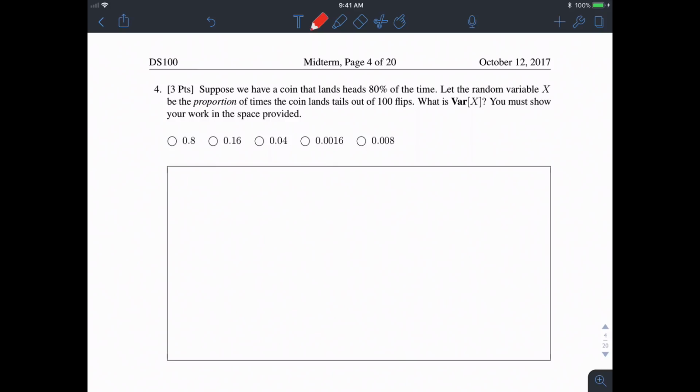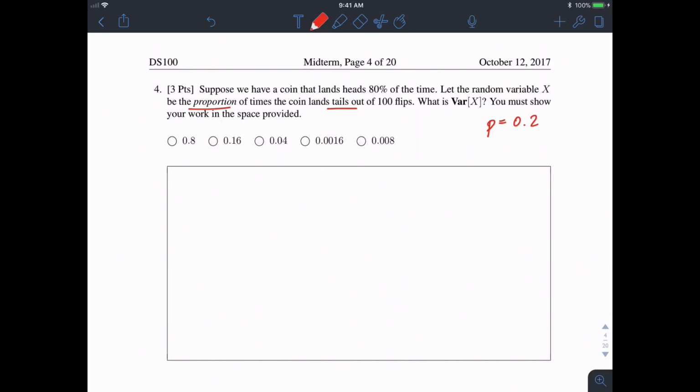In problem 4, we're given some coin that lands heads with probability 0.8, and we want to find the variance of the proportion of times, so not the number of times, but the proportion, which is slightly different, that that coin lands tails out of 100 flips. So let's just pretend for now that P is equal to 0.2, right?